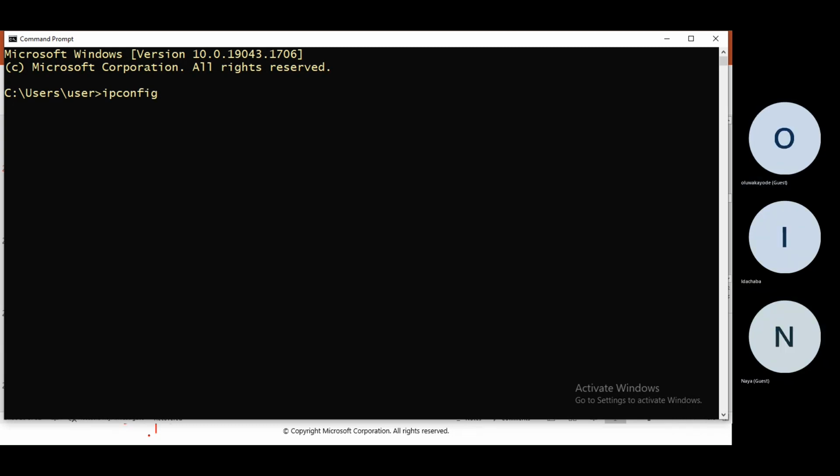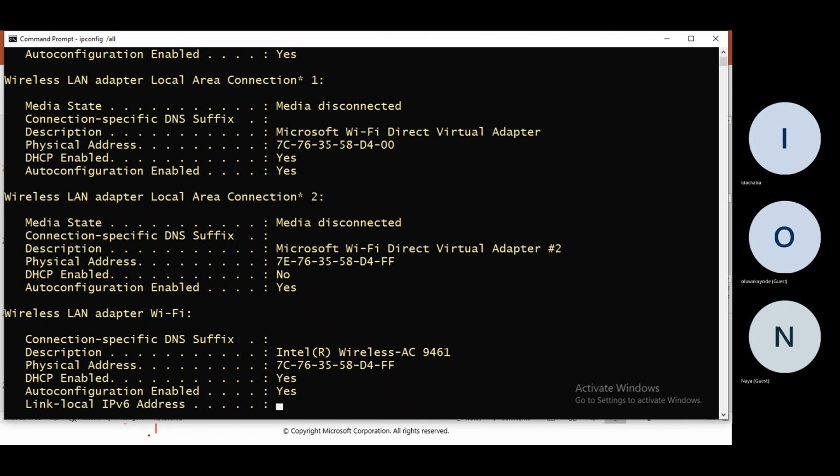If I say give me the IP configuration of this computer, it will give me.